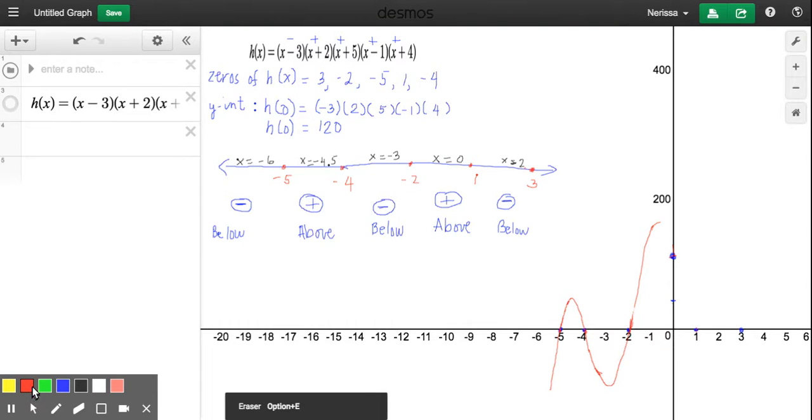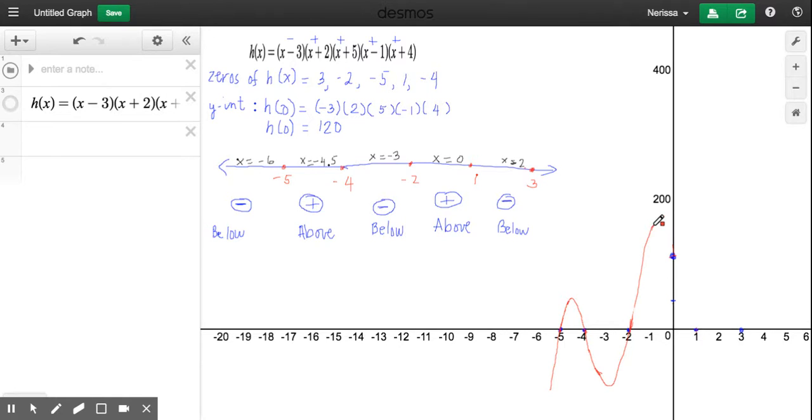In order to find those maximum points, relative maximum, we will need to use calculus. So we'll be happy to just go through the x-intercepts and the y-intercept and show where the graph is, whether it is above or below the x-axis.